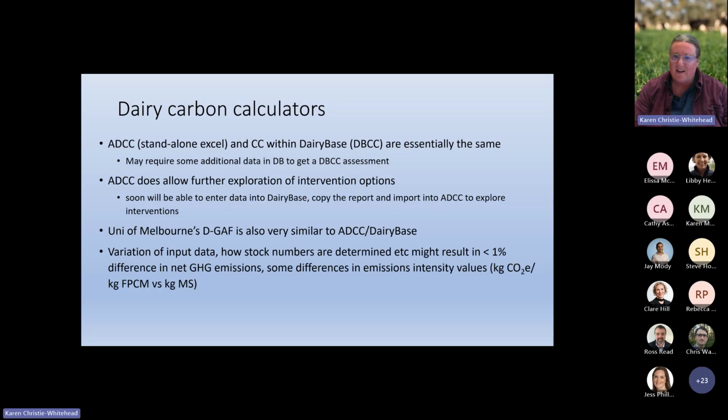The DGAF calculator reports emissions intensity as a kilogram of milk solids, which is a step away from what the ADCC and DBCC do, which is using the kilograms of fat and protein corrected milk.